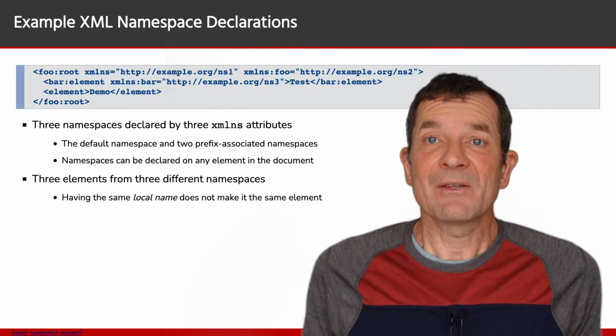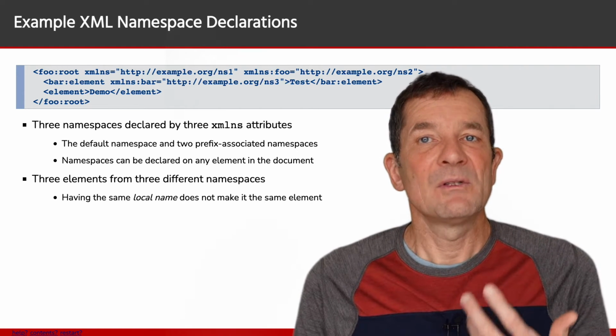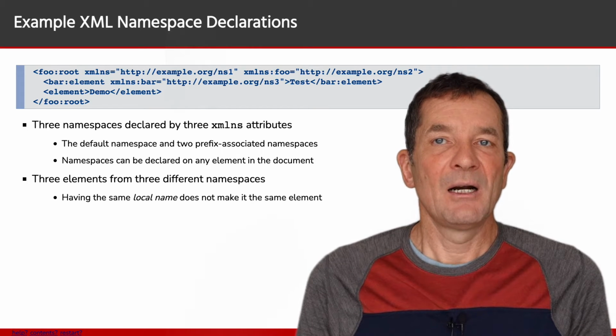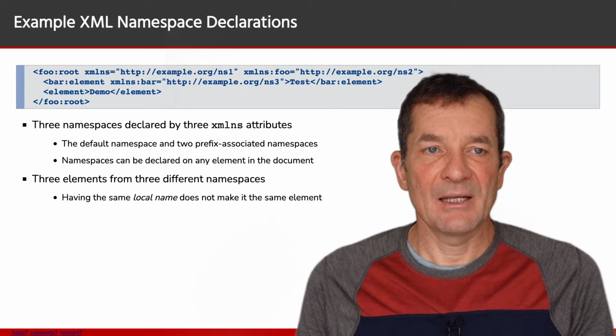So these are not the same elements, and that's the important part, that we can now safely distinguish those elements, even though they have the same local name, as it's called in XML.